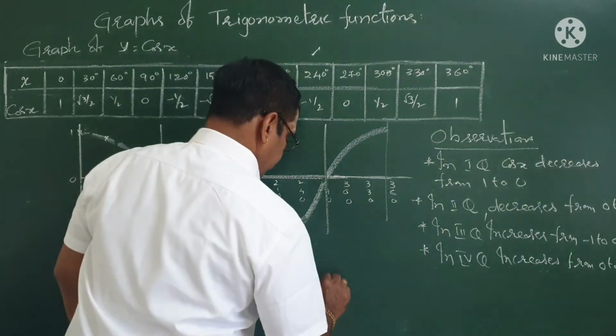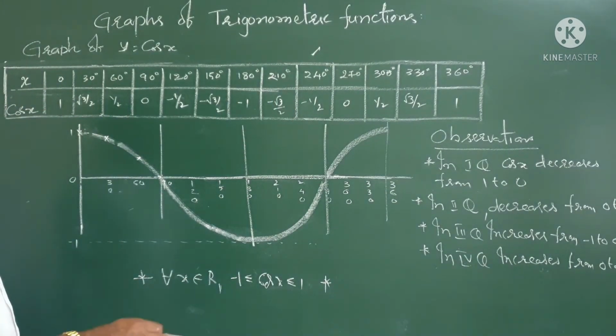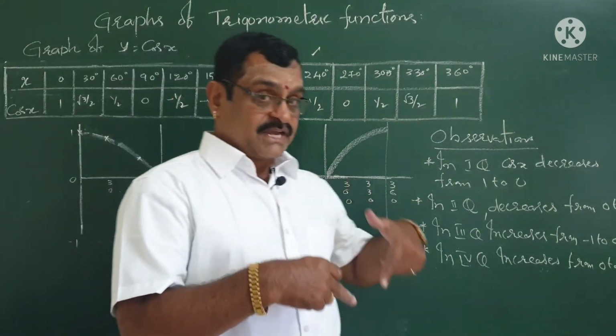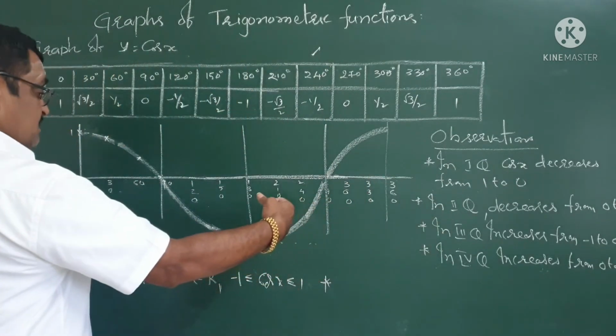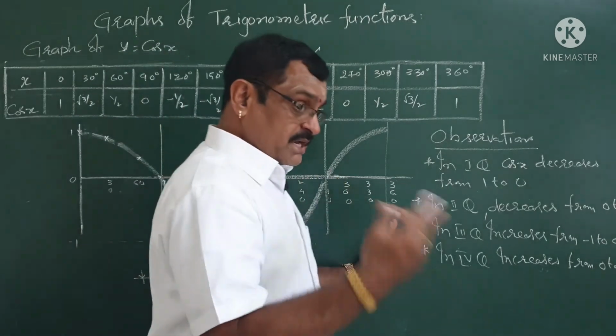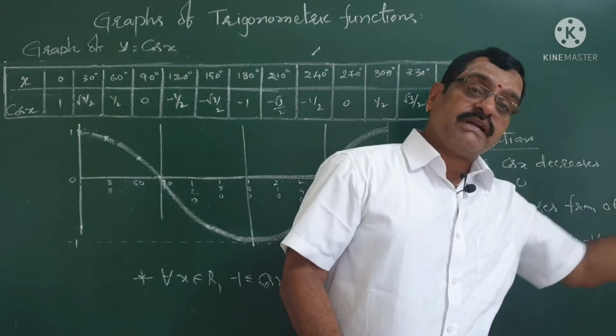The next important point is, just like the sine graph, the cos graph also repeats its shape in the interval of 360 degrees. Whatever shape of the graph you observe between 0 to 360, you will find the same shape between 360 to 720, 720 to 1080, and so on.